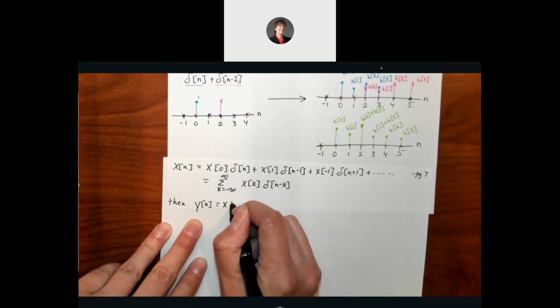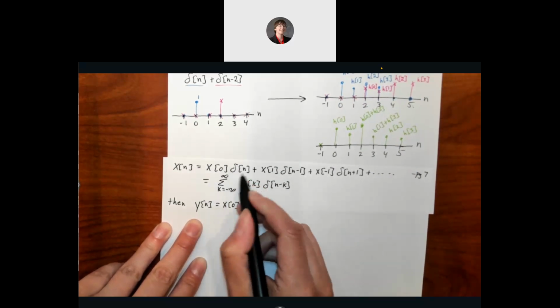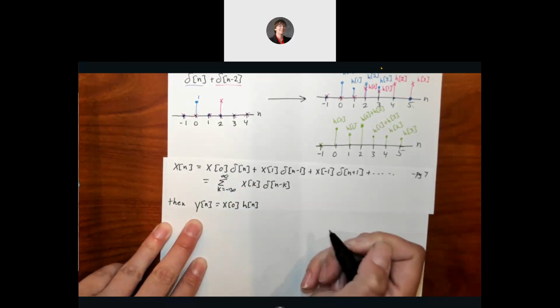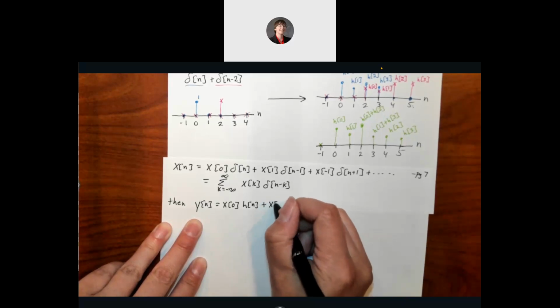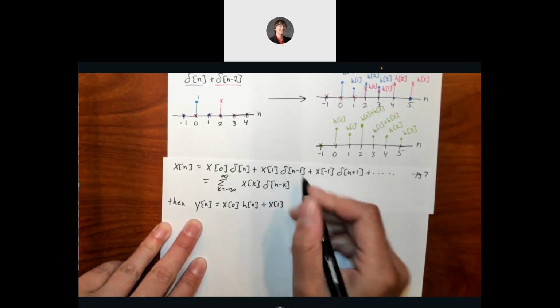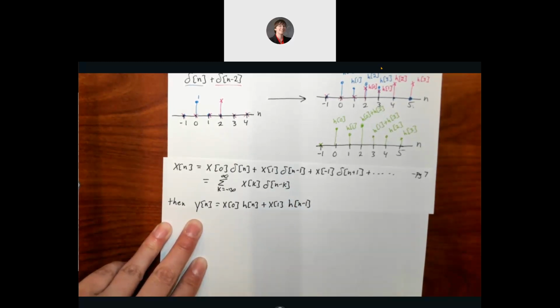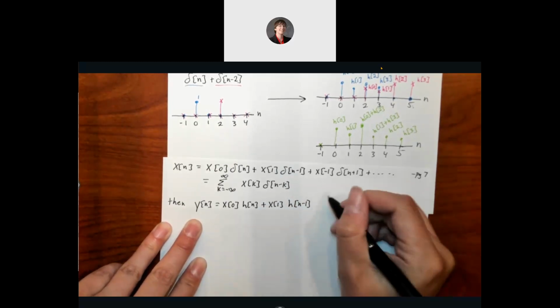So the response to this first part, we have our scale factor. The response from delta of n is h of n. We have a scale factor. And the response gets shifted.